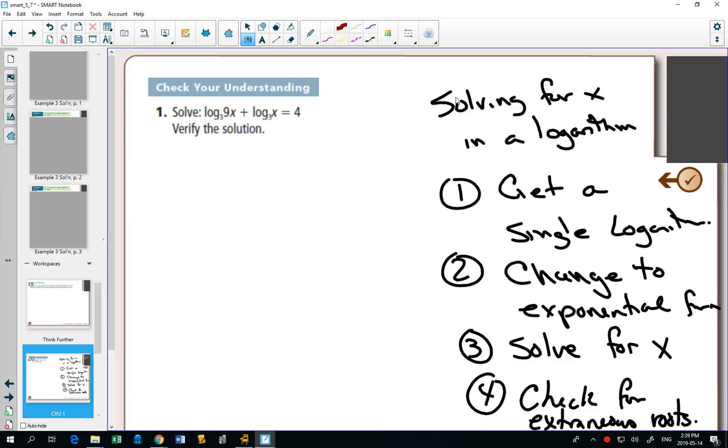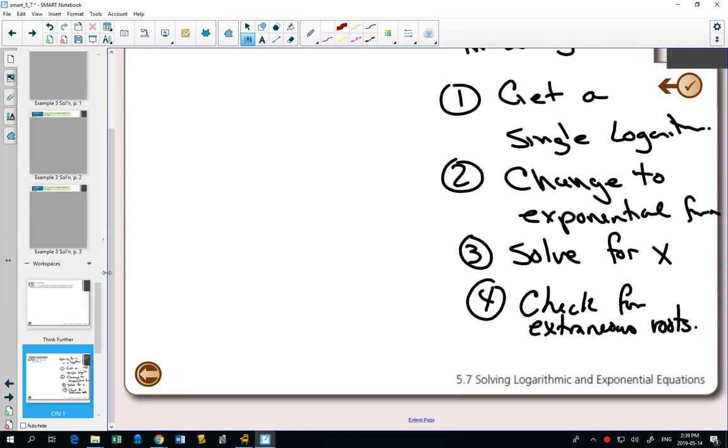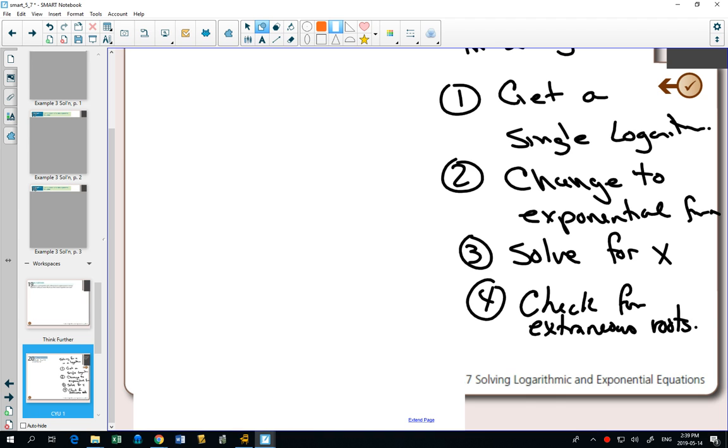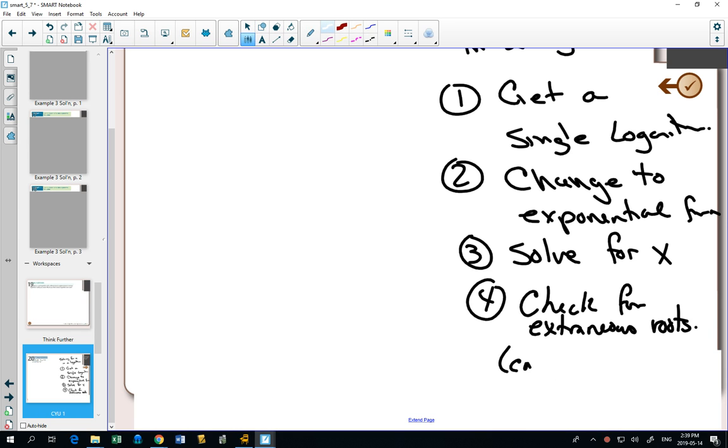And so we have to end by checking for extraneous roots. I'm going to put in brackets with that, check for extraneous roots, that you're not allowed to take the logarithm of a negative or 0.